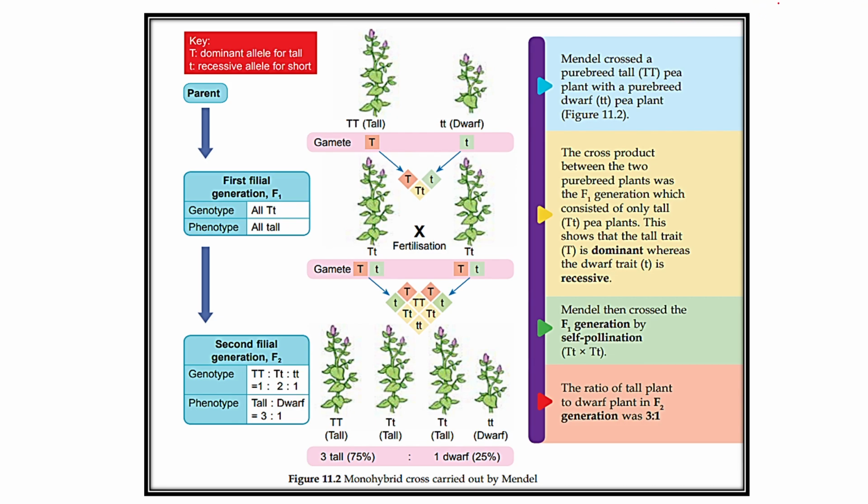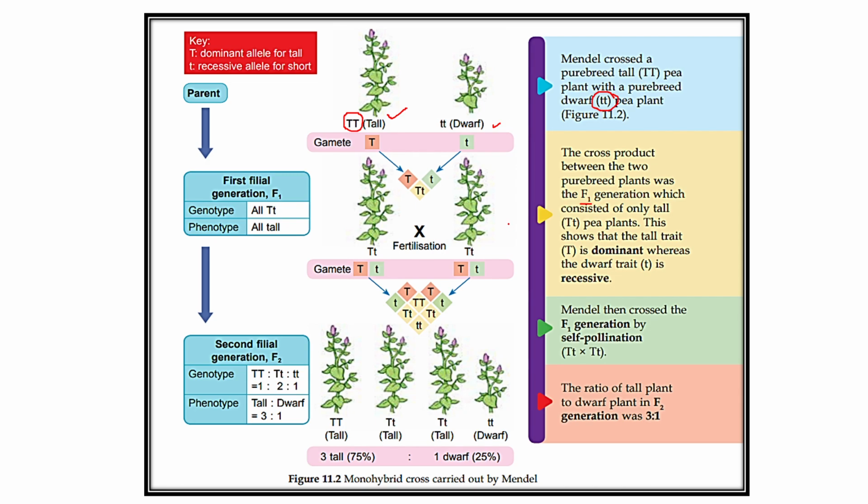Mendel crossed a purebred tall, characterized by capital T, both capital T, pea plant with a purebred dwarf, characterized by both small letter t, pea plant. The cross product between the two purebred plants was the F1 generation.